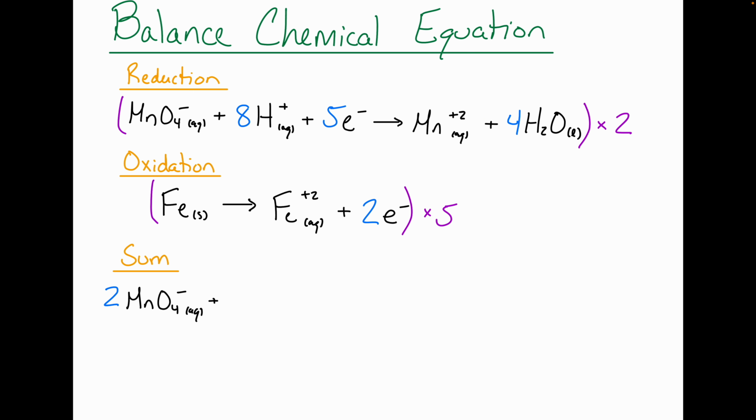So I'm going to multiply everything in that top reaction by 2. So now I have 2 permanganates, 16 protons, and 10 electrons, combining with these 5 iron atoms.